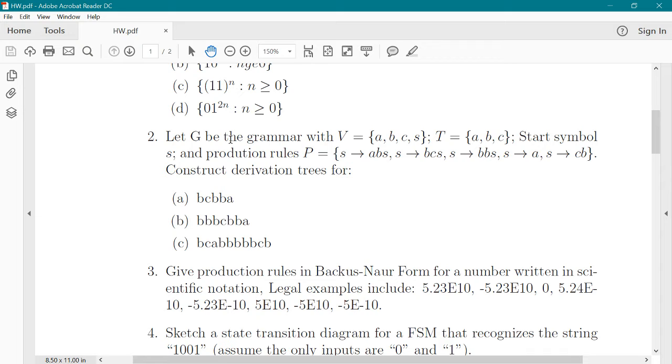The idea is we start with our start symbol, and that transforms into BCS. And we know that an S can also change into a pair of B's followed by an S. And S can also change into an A. So BC/BBA should be part of our language.